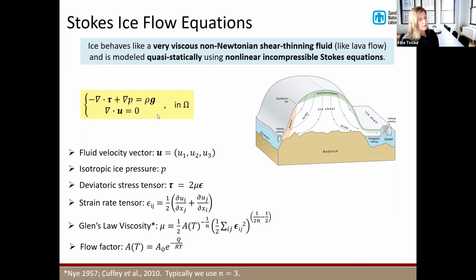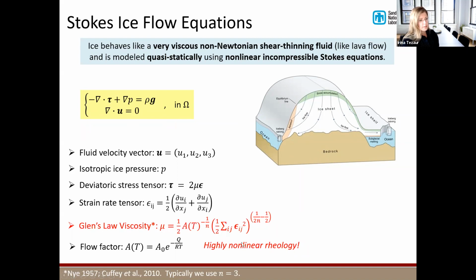This is something we've studied many times. Well, the answer to that is not quite. What makes this very challenging is the fact that this viscosity mu that's embedded in this tau term is highly nonlinear. It is given by an expression that we call Glen's flow law. It's a very complex nonlinear expression where you have a nonlinear dependency on the temperature, which comes from another equation that I'll show a little bit later on.